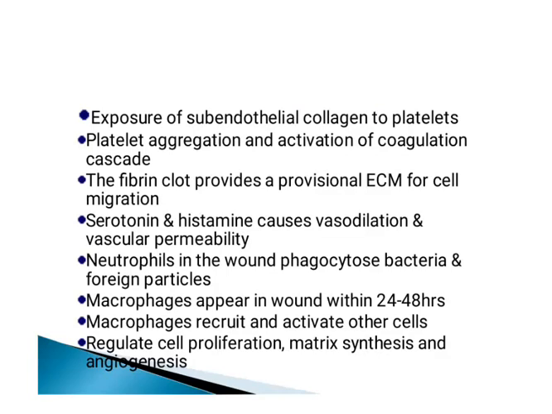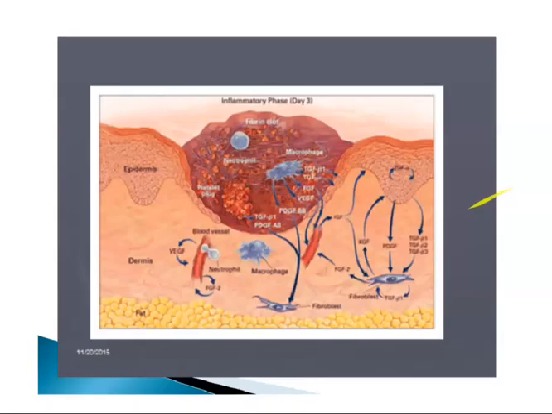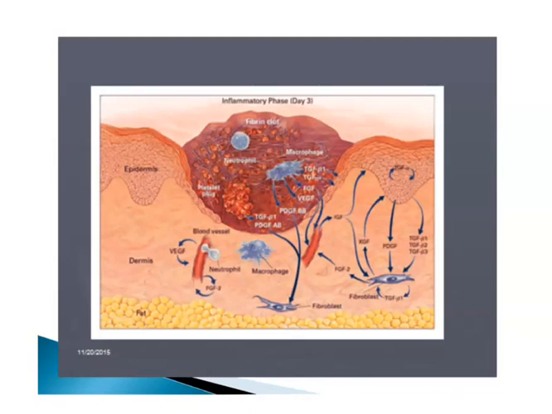The macrophages recruit and activate other cells, and this leads to regulation of cell proliferation, matrix synthesis, and angiogenesis. Okay, so that's basically a picture of the inflammatory phase. See the macrophages, the fibrin clots, and all the various things involved over here.